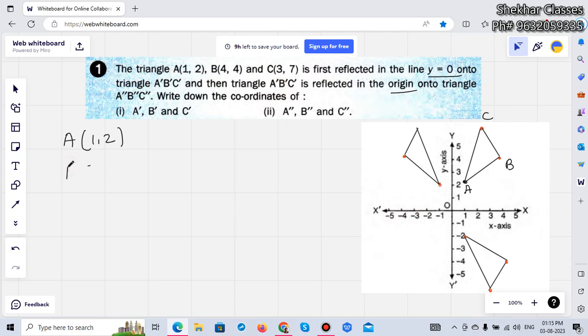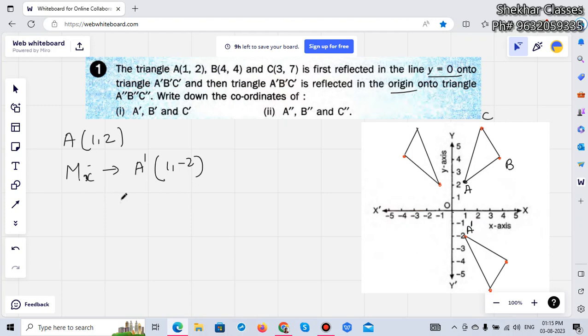If it is reflected through the x-axis, A will become A dash, and which coordinate will change? If it is reflected through the x-axis, only y will change. So it will become 1 comma minus 2. So you can see A dash is 1 comma minus 2.